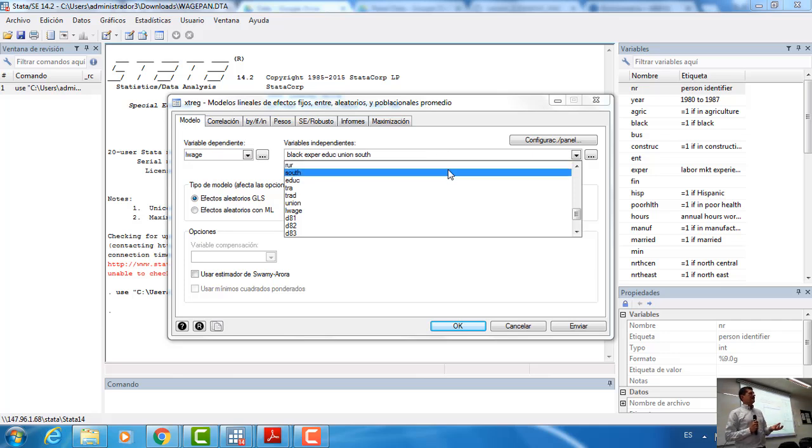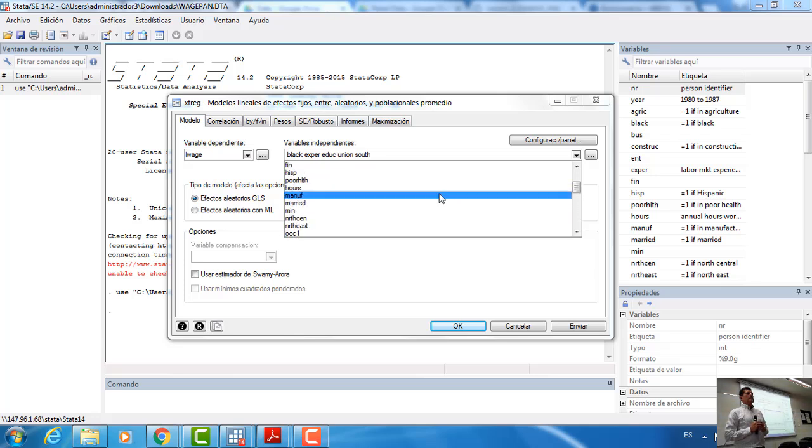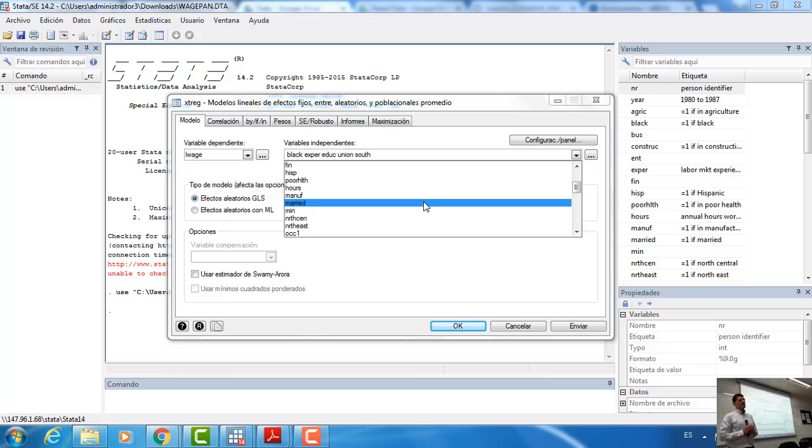And now nobody said married. Married, why not? Married is a very important variable when talking about labor income. And the reason is that married people are more reliable than unmarried people.